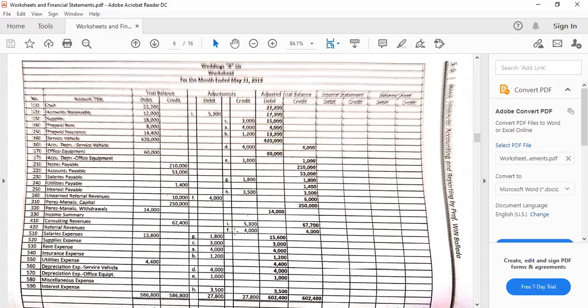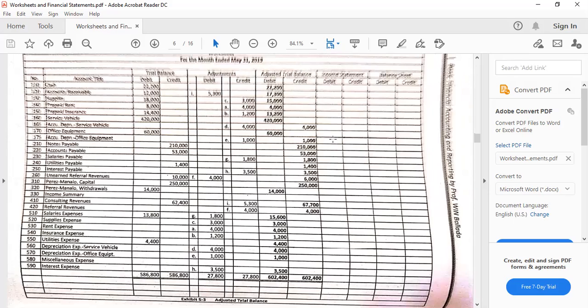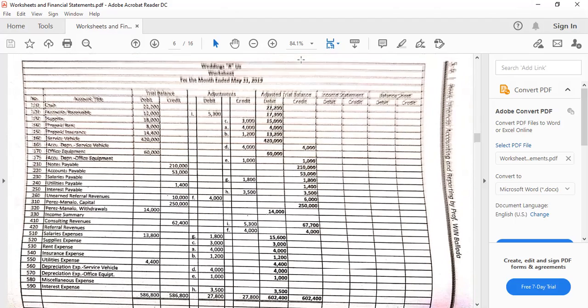Next, after we get the adjustments, we now have to get the adjusted balances to be placed on the adjusted trial balance columns. This is simple math, by the way. Just like algebra, if there are 2 same signs, or like signs, then we are going to add. If opposite signs, then we are going to deduct or subtract.